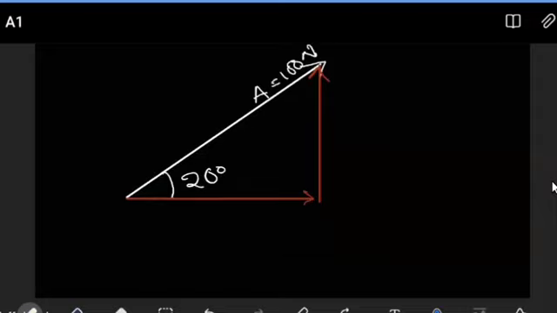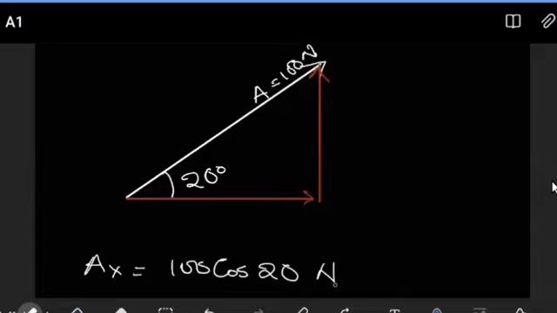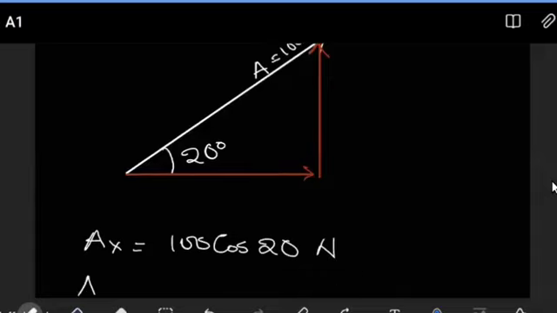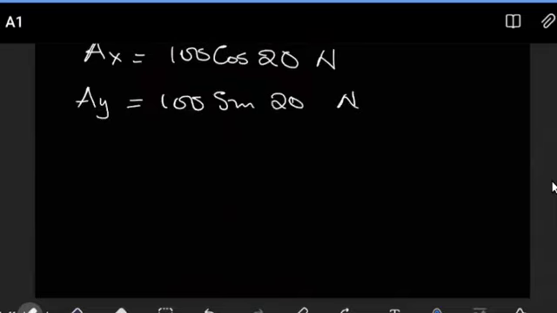If you wanted the components of that vector, its x component will be 100 cos 20 in newtons, and its y component will be 100 sine 20, also newtons. But what if you do not have an angle?